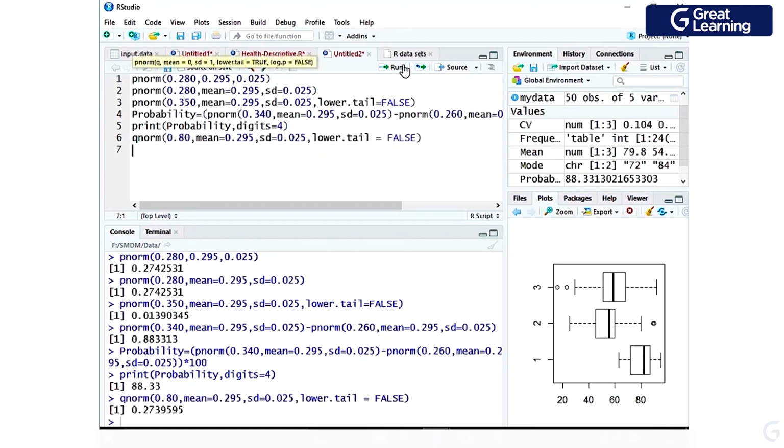Directly you get the answer. But if you put 0.2 also, you'll get the same answer. But I don't have to. With lower.tail FALSE, I get the answer.